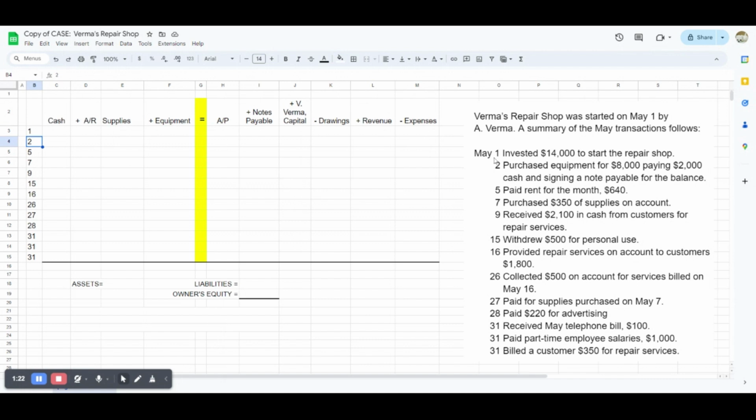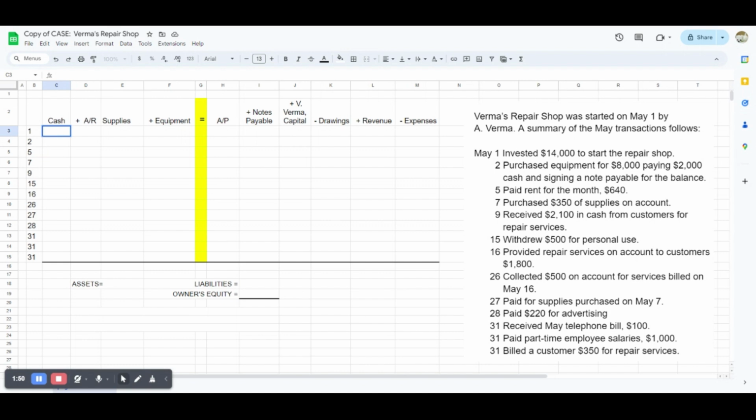Usually in these types of questions, the first transaction is just putting money into the company, which is basically, if you invest money into the company, it's the same thing as putting money into the company. So this affects cash and owner's equity, the capital.